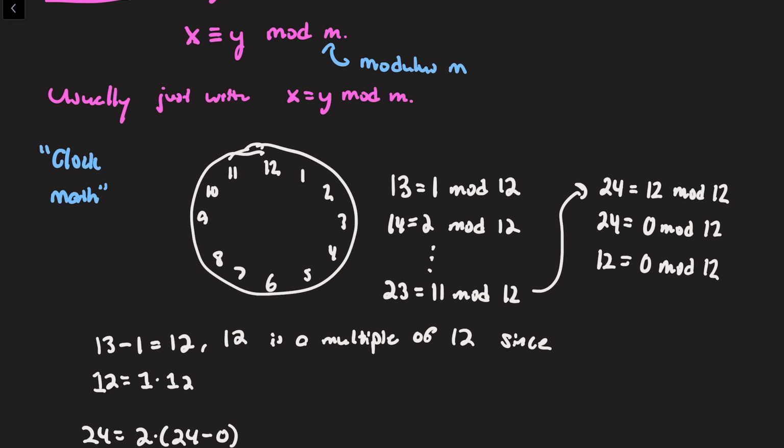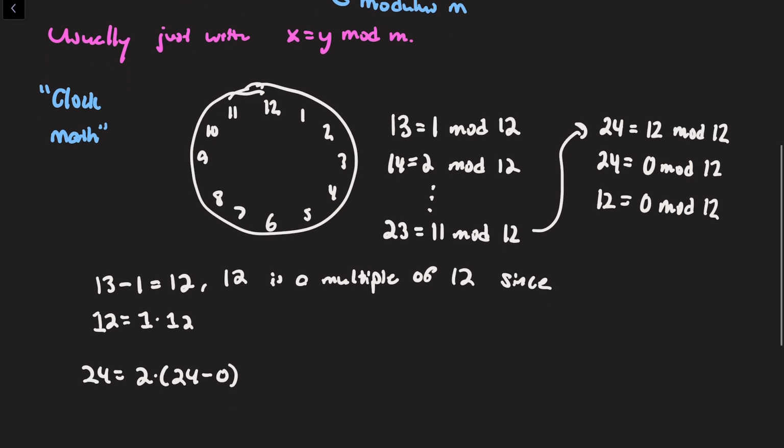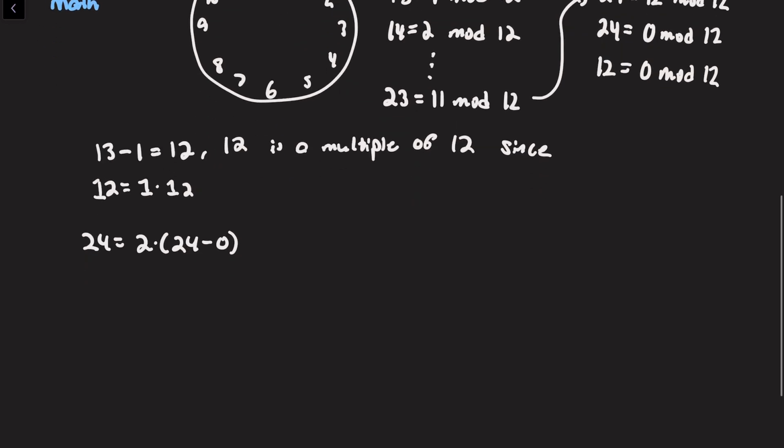For instance, when we think about the minute hand on a clock, we're really doing math mod 60, so 60 would be our modulus. I know that might seem like a really conceptual and intuitive explanation, but let's just do a couple more examples with other moduli.